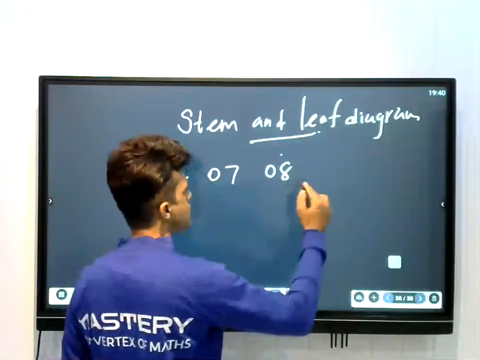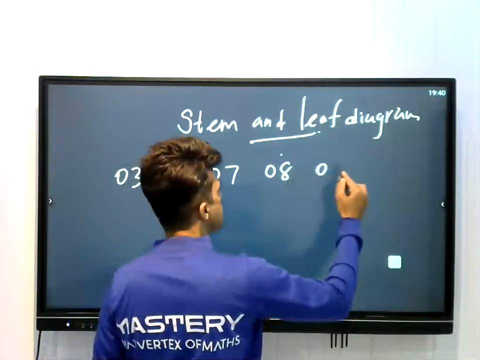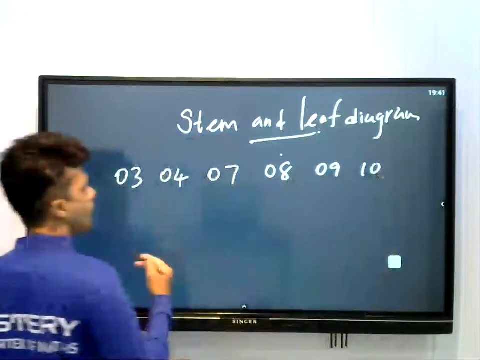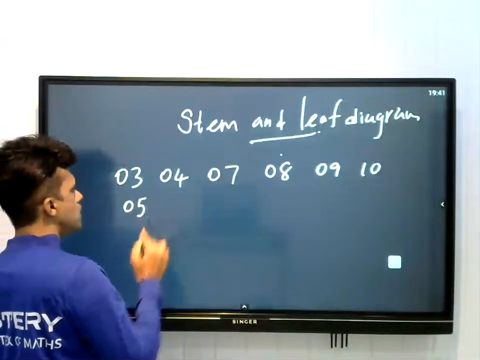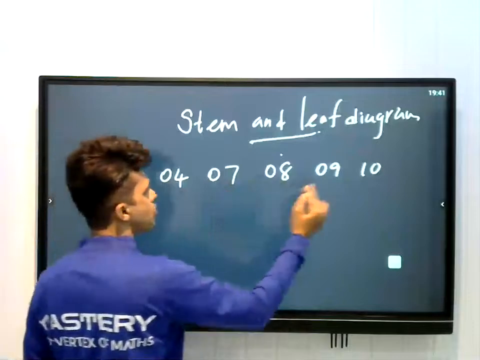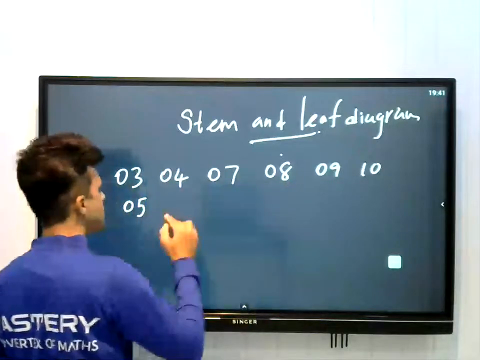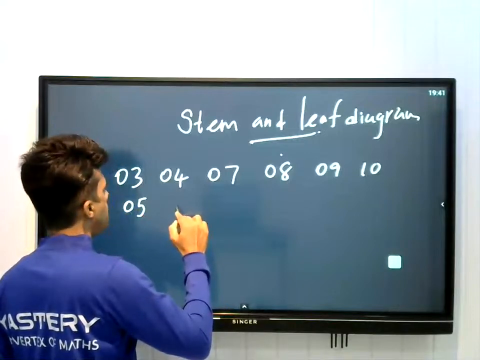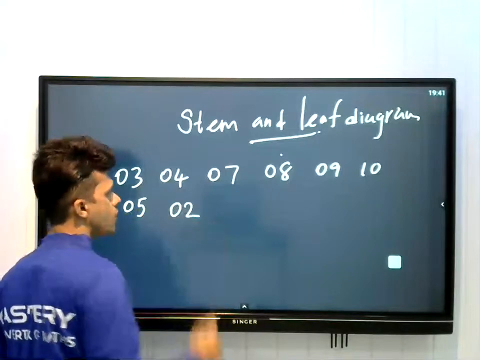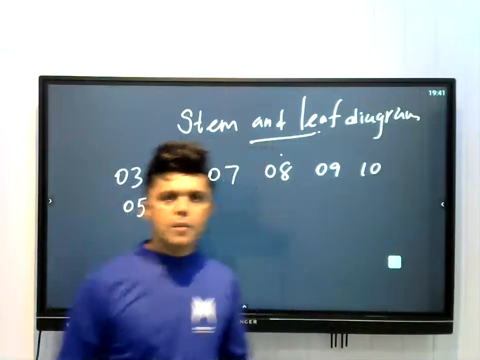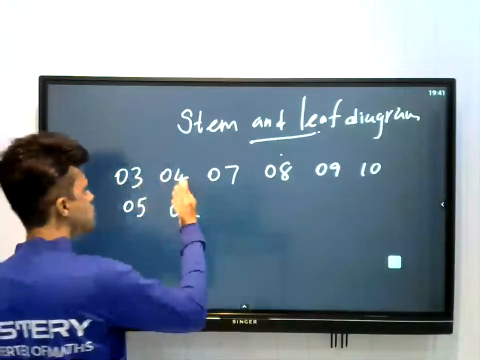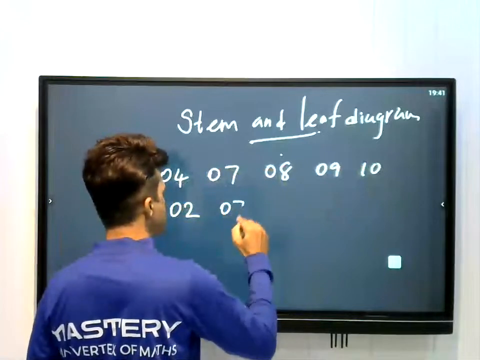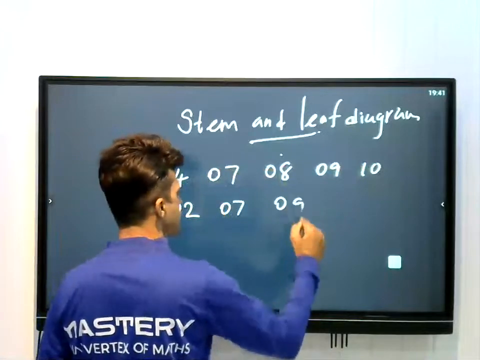8, 9, 10, 5, 1, 2, 3, 4, 5, 6, 7, 7, 2. Let's count how many students: 1, 2, 3, 4, 5, 6, 7, 8, 9, and 10.